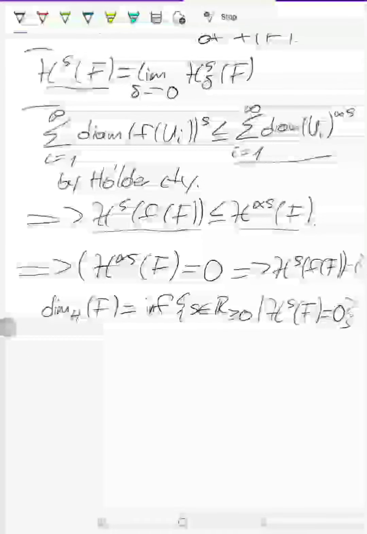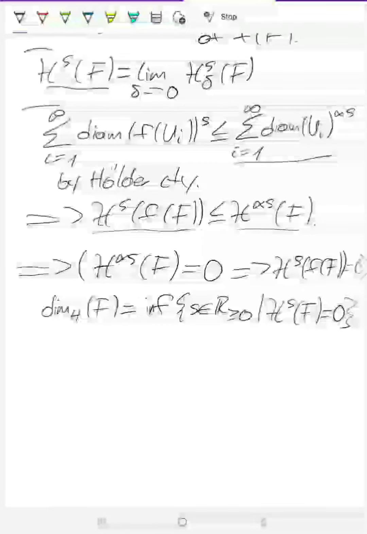Or we could also take the supremum over the ones where it's infinite, so we have infinite Hausdorff measure. And this is equivalent, apart from maybe the case where we have dimension 0. There we have to be a little bit careful, but in general it's equivalent.